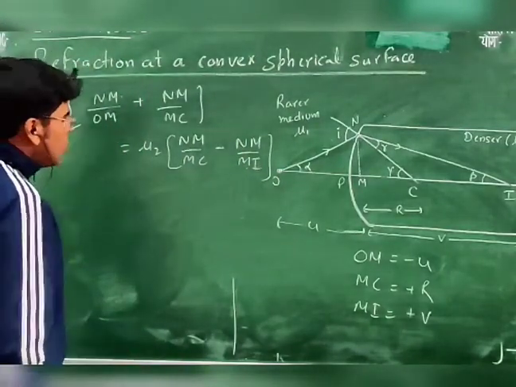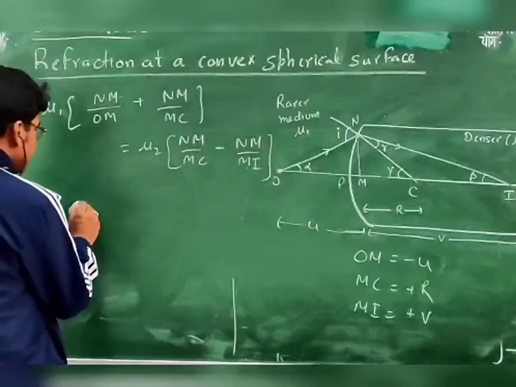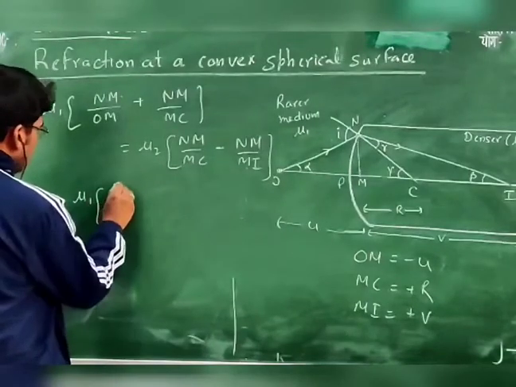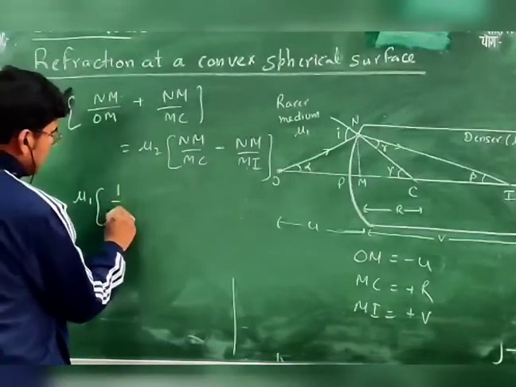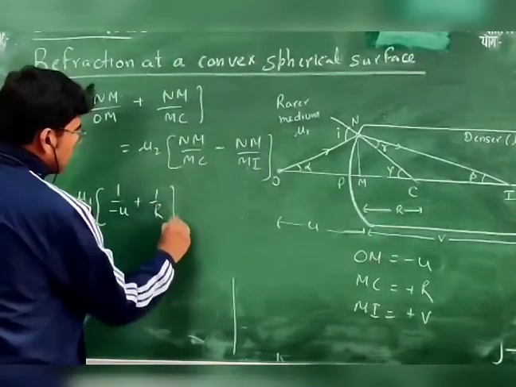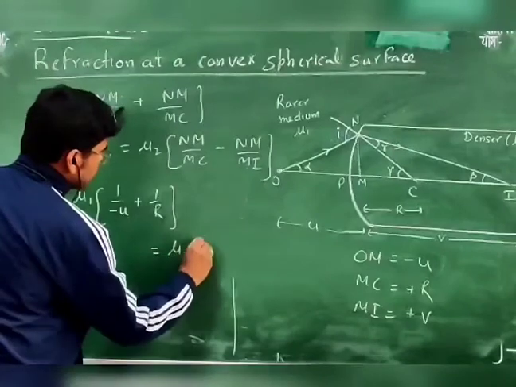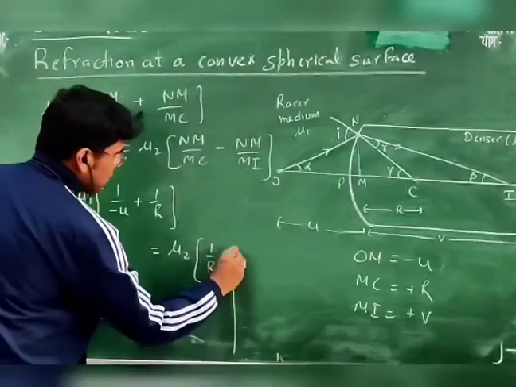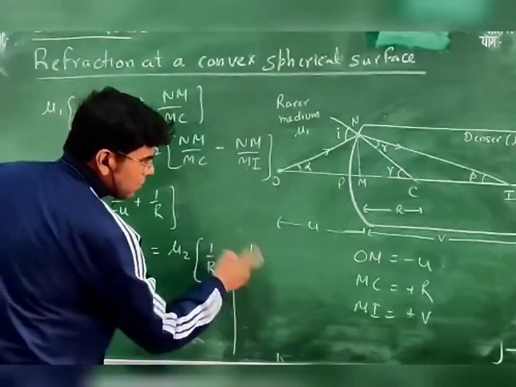Now we substitute into the main equation. It will be mu 1 into 1 upon OM, that is 1 upon minus U, plus 1 upon MC, that is 1 upon R, equal to mu 2 into 1 upon R minus 1 upon MI. What is MI?